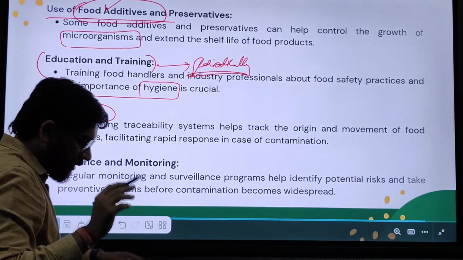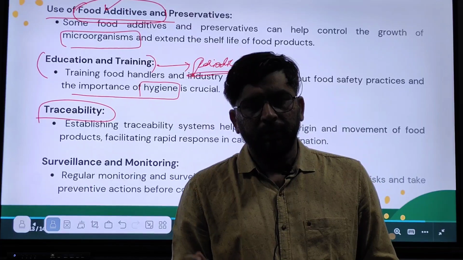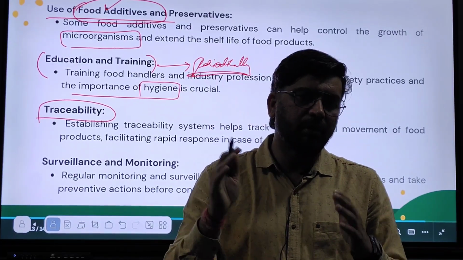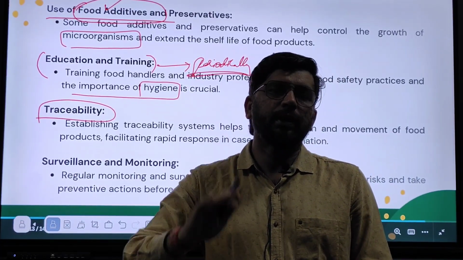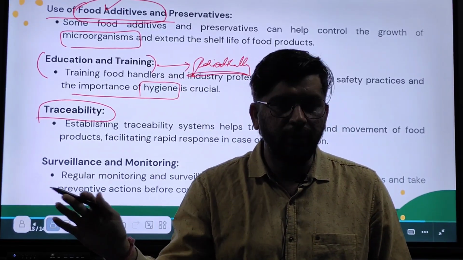Just imagine, even after maintaining everything, there might be cross contamination, or there might be a scenario where the contamination happens and the food product is already in the market.